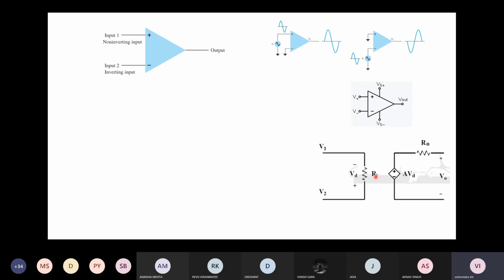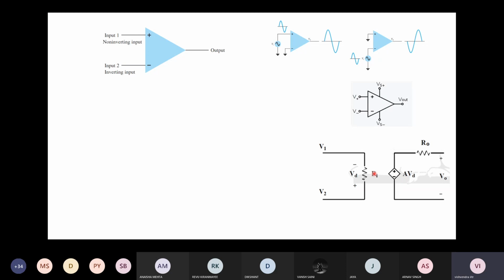Practically, it is in mega ohms. On the output side, we have a voltage source which is dependent on the input voltage. So this is a voltage dependent voltage source.